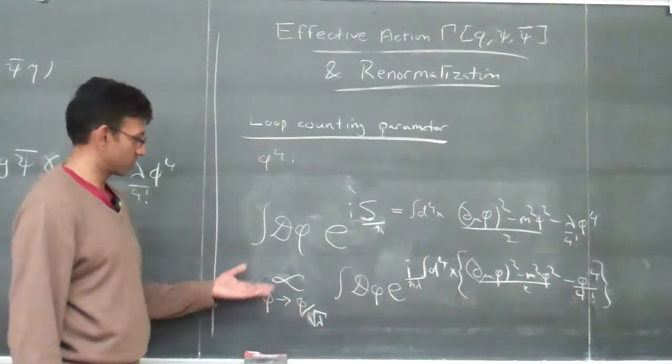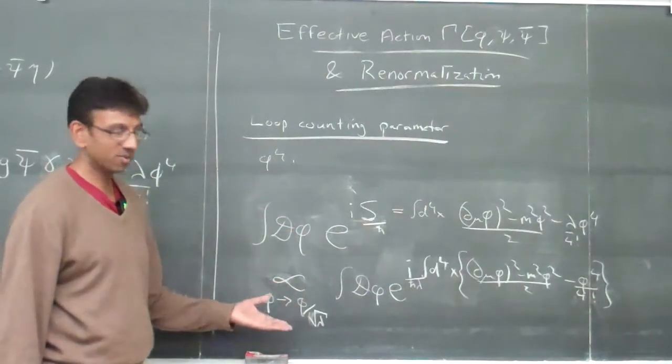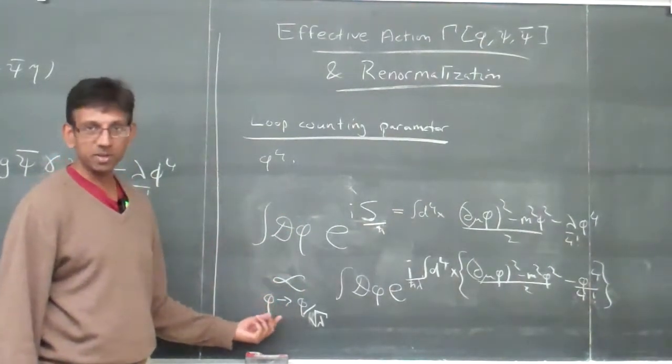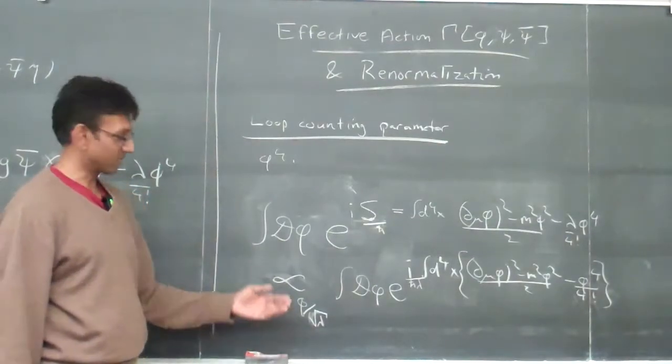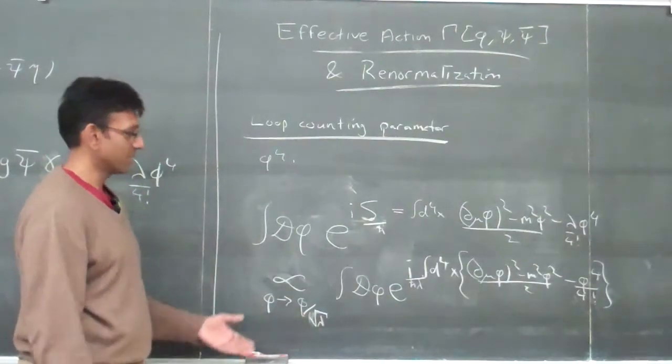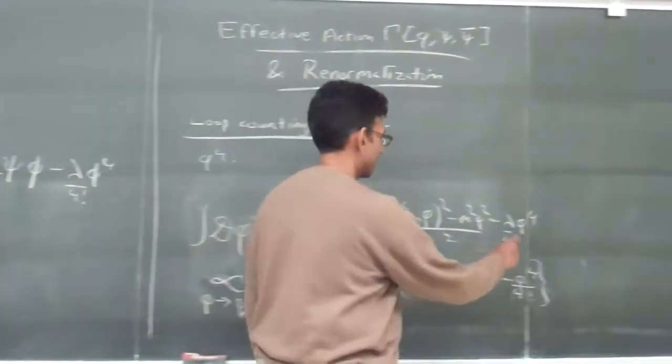If you think of this as a glorified integral, it's just rescaling the integration variable, which means there's some Jacobian for doing it.